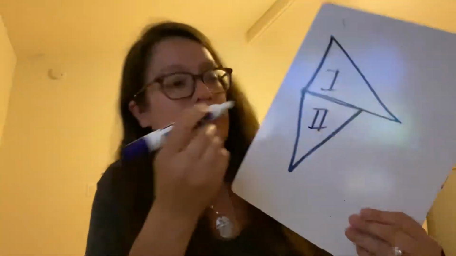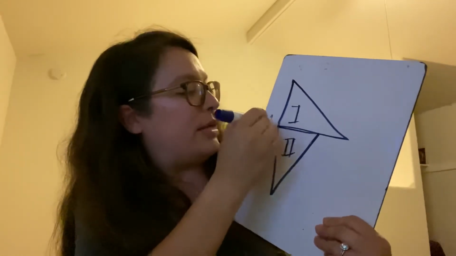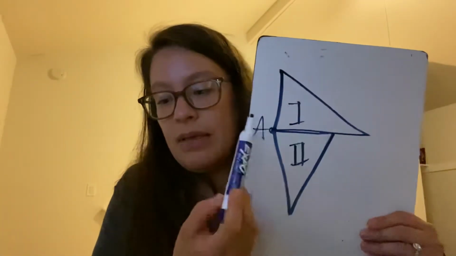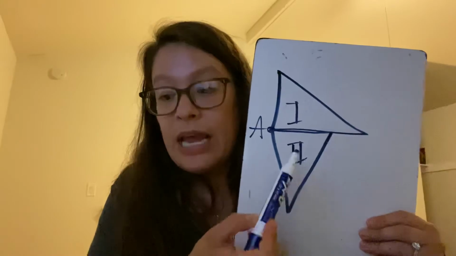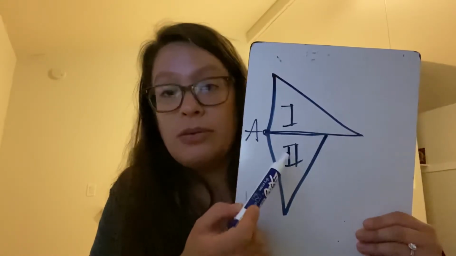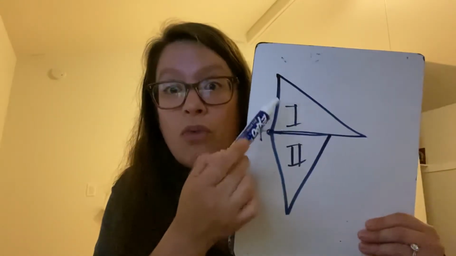Okay, so let's draw this out here. Here is point A, right? Point A is right here. So what would point A need to do in order to turn to be triangle 1, right?